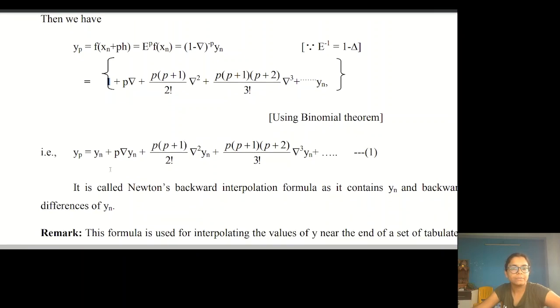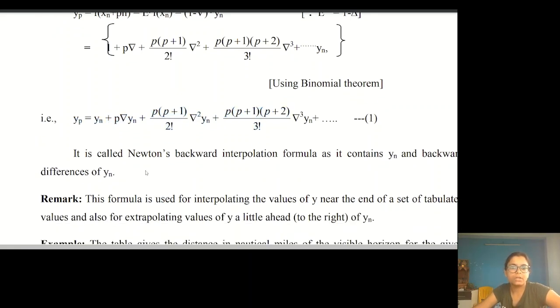We have only opened this, right? We have to multiply yn into it, and so when yn is multiplied in this whole equation, we would get an equation like this.